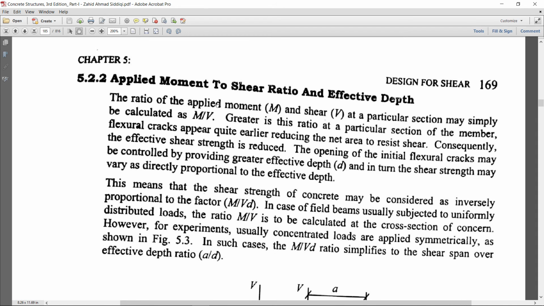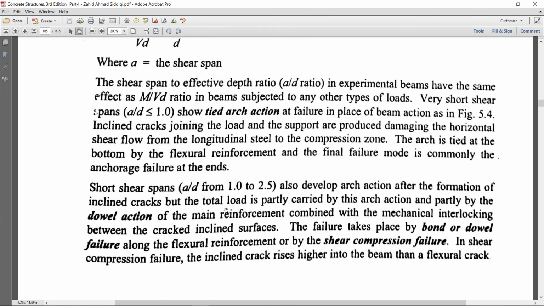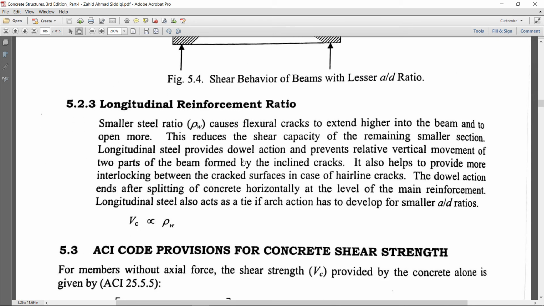Whatever the applied moment and the applied shear force, we go for designing for that part. So I will go to the next. Here is the longitudinal reinforcement. If in the beam there is more longitudinal reinforcement, then there is less chance of shear cracks. That is the relationship.